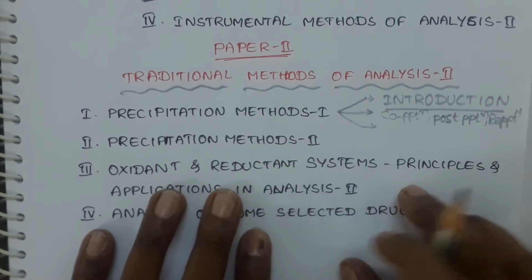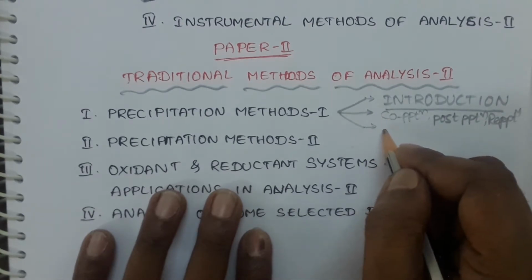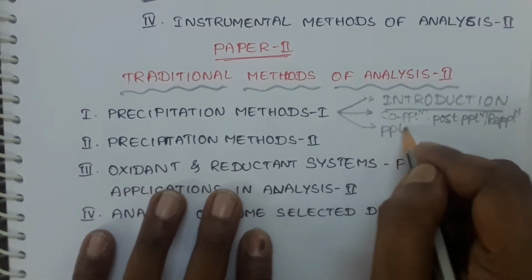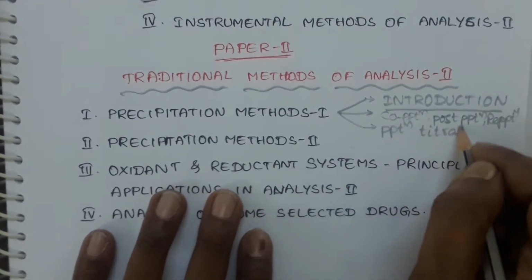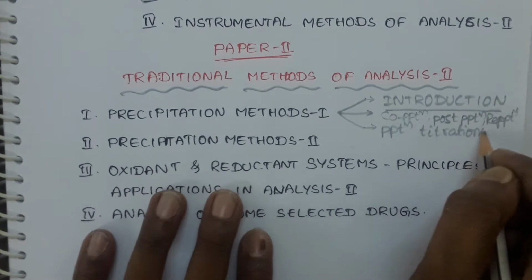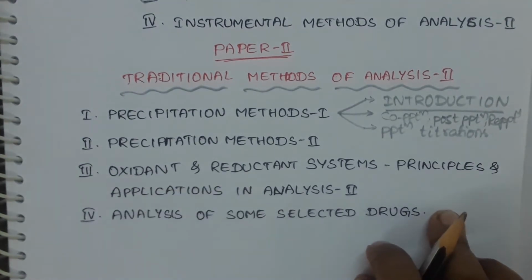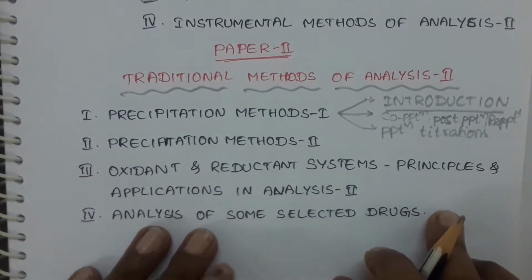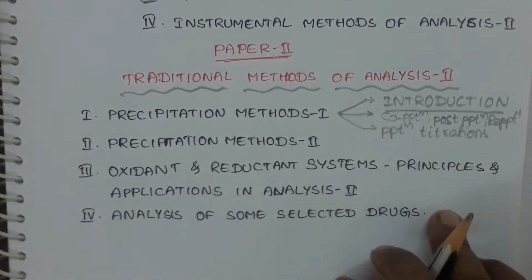The last part in precipitation methods 1 is precipitation titrations. A well-known example is the titration between KCl solution and silver nitrate solution.